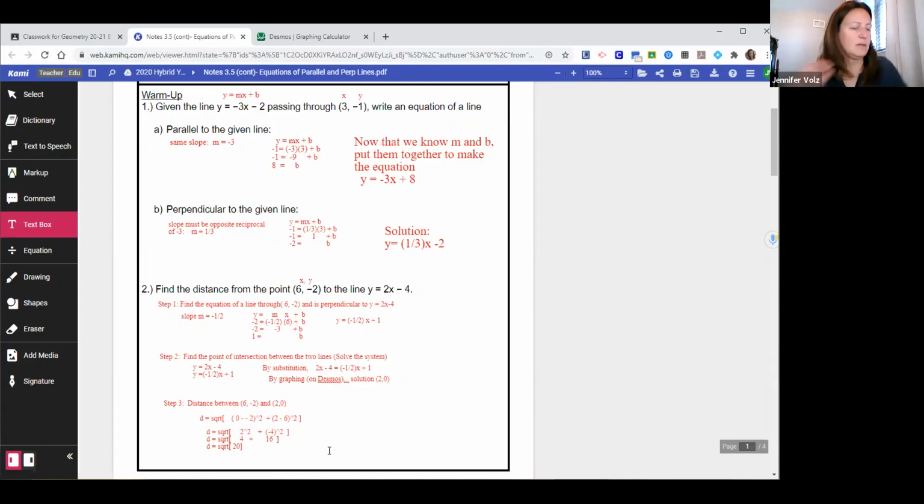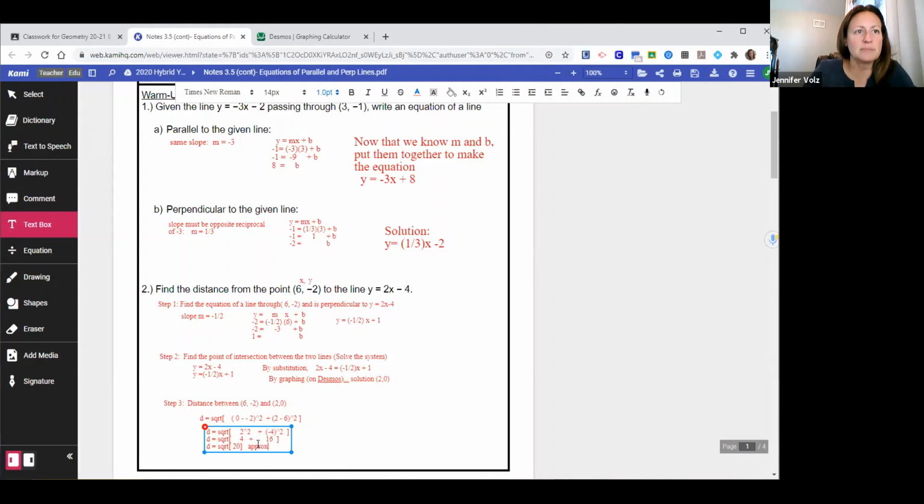So that's the distance from the point 6, -2 to the line y = 2x minus 4. In order to find the distance, you have to go perpendicular. So it requires figuring out the line perpendicular and finding where it intersects with the line. This is like a big process. Let me just put approximately 4.47 from the calculator. And that's the final answer.